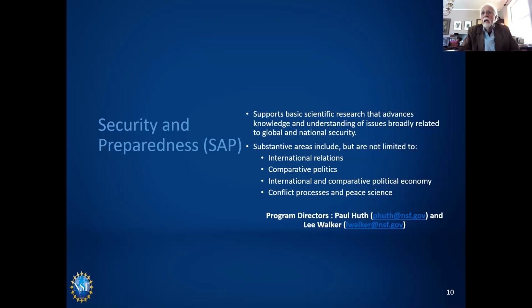The other one is Security and Preparedness. You may not like political science, but who can be against security and preparedness? So this is essentially international relations and comparative politics, very broadly related to policy and global and national security.